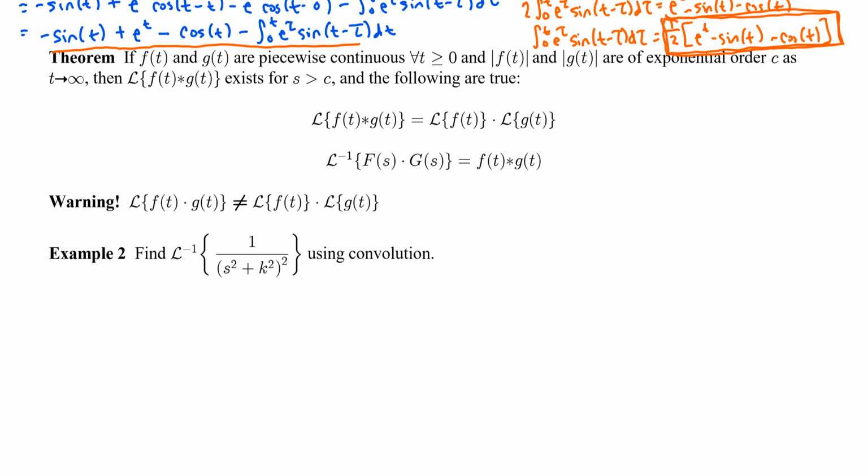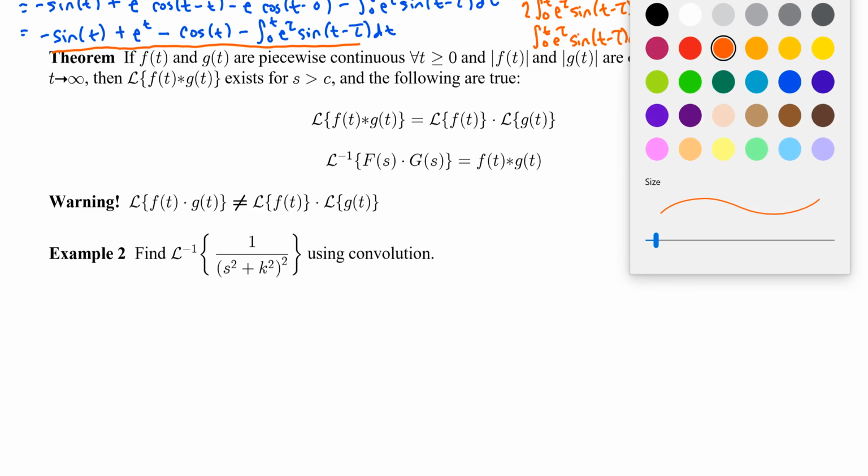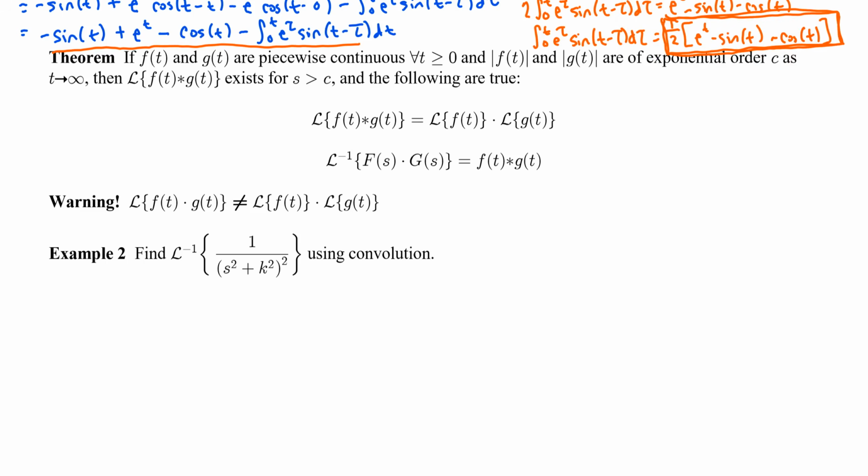following are true. Now, here is why we learned the Laplace transform. The Laplace transform of f of t convolved with g of t is equal to the Laplace transform of f of t times the Laplace transform of g of t.